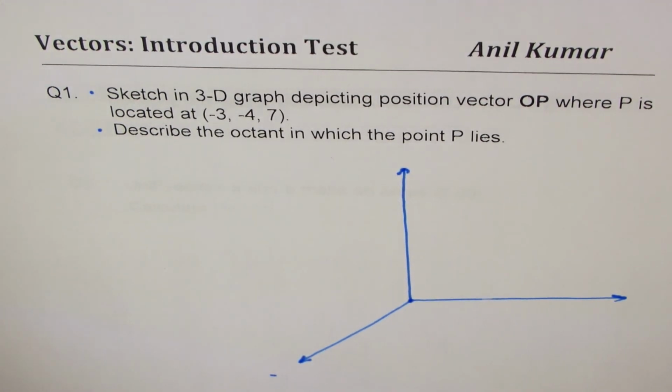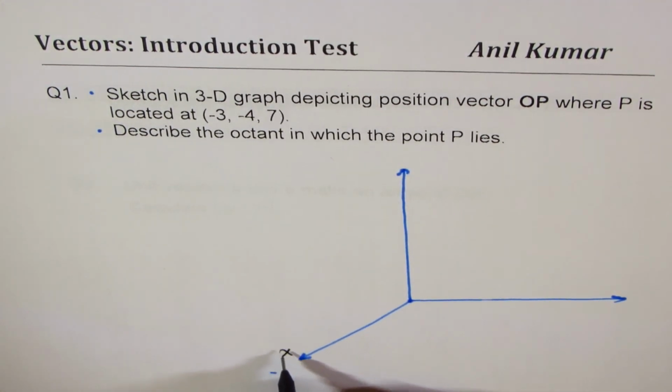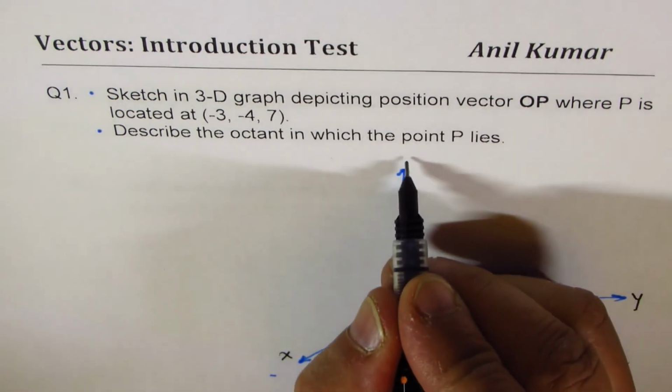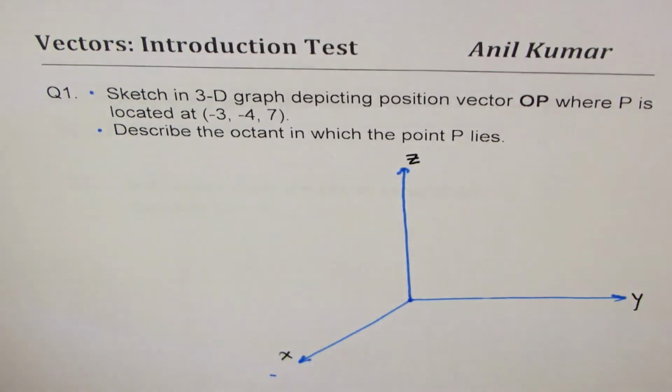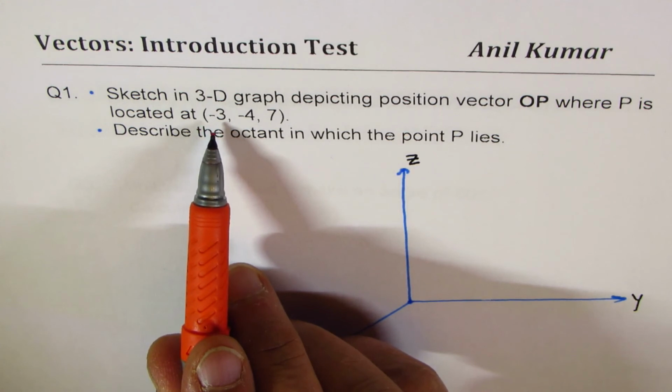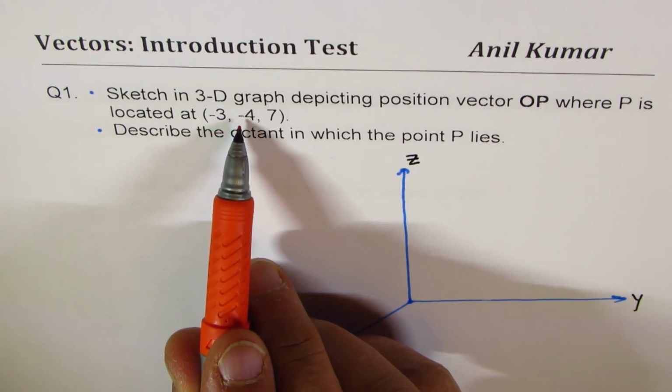So let us say these are our x, y, and z axes. The vector OP is located at -3, -4, 7.